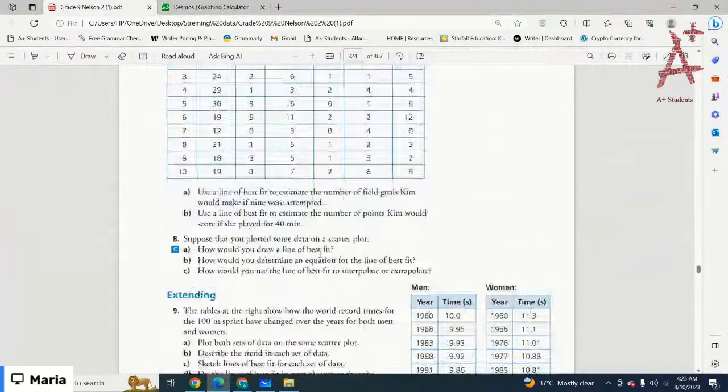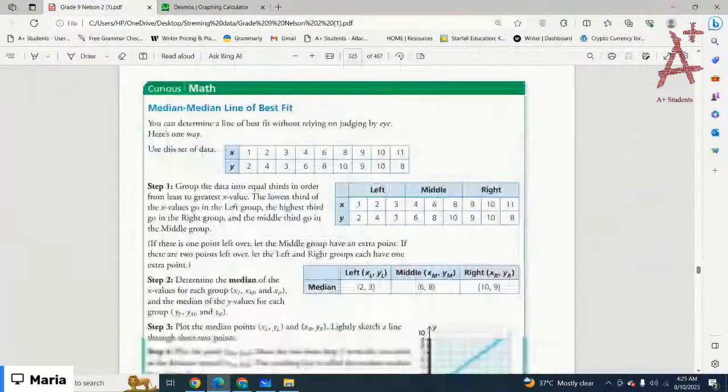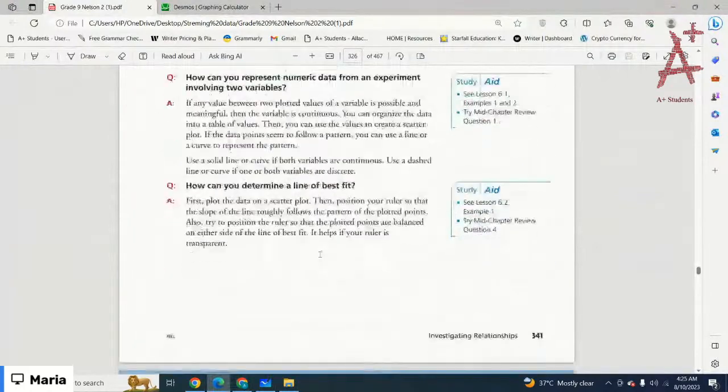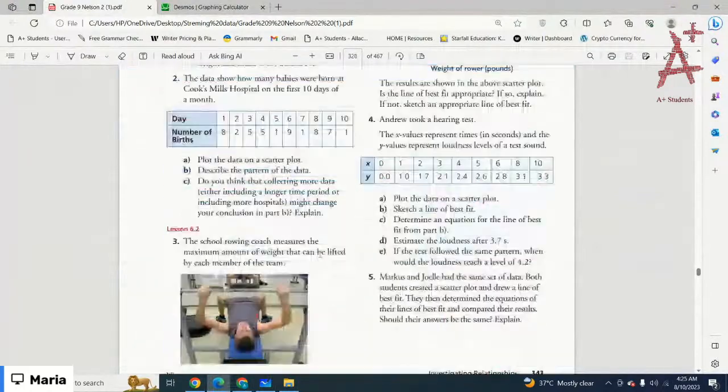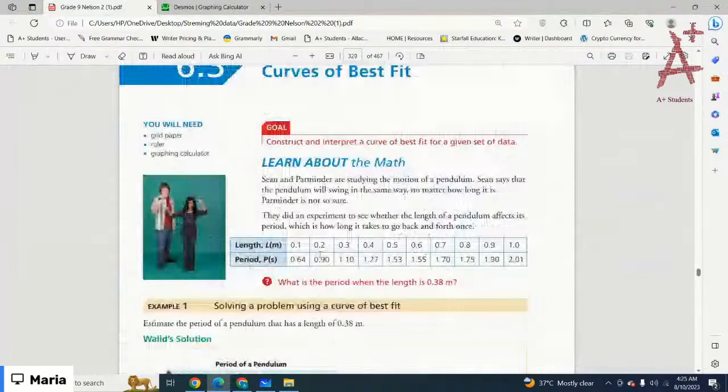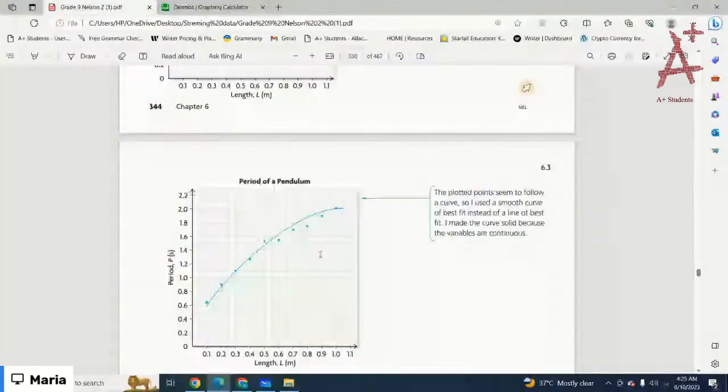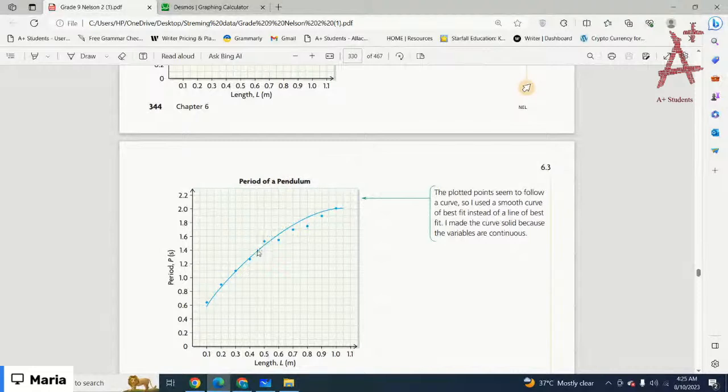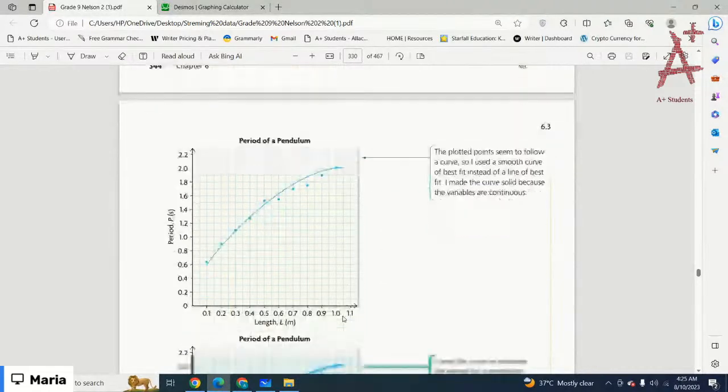Okay, let's just look at the next lesson, that is curves of best fit. Okay, you can see this is the curve of best fit, right? You can see half of the points are below and half of the points are above, right?